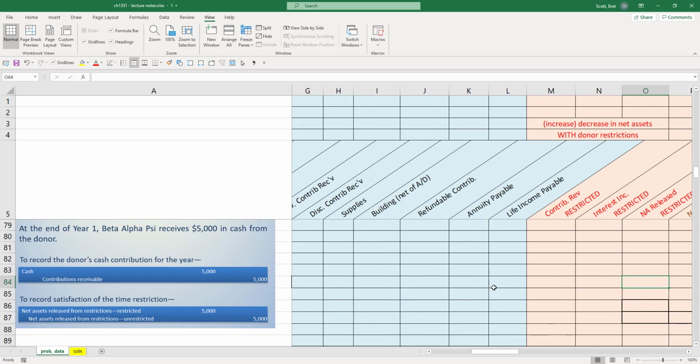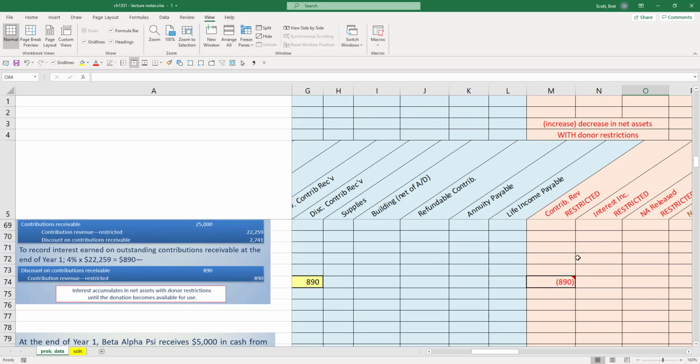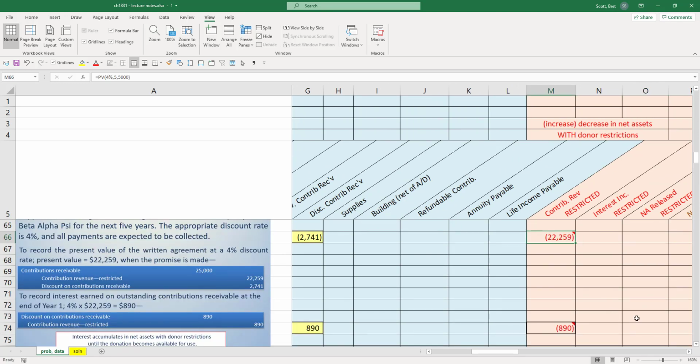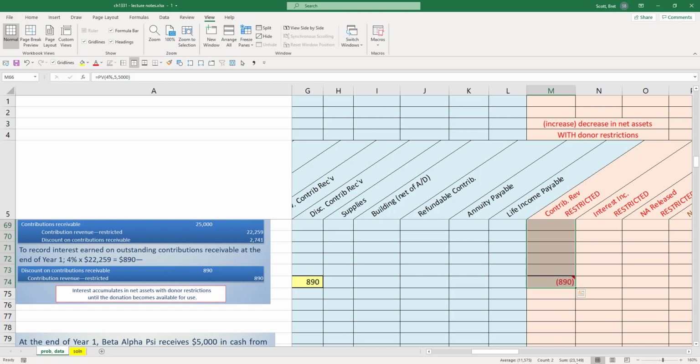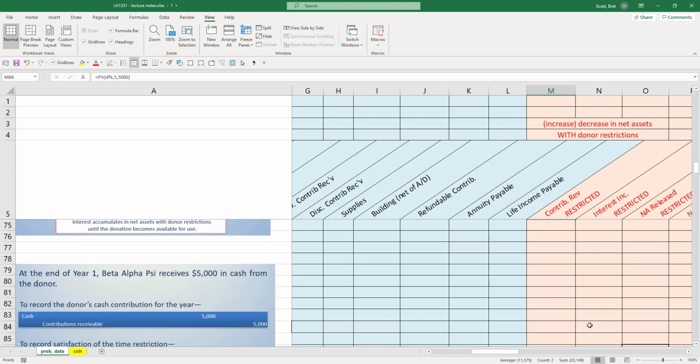From a present value perspective, we saw that the overall contributed revenue, as a present value, was $22,259. It had been brought up with 1 year of appreciation to $23,149.